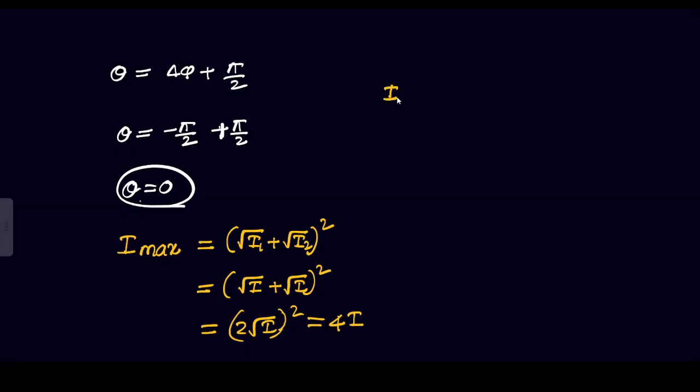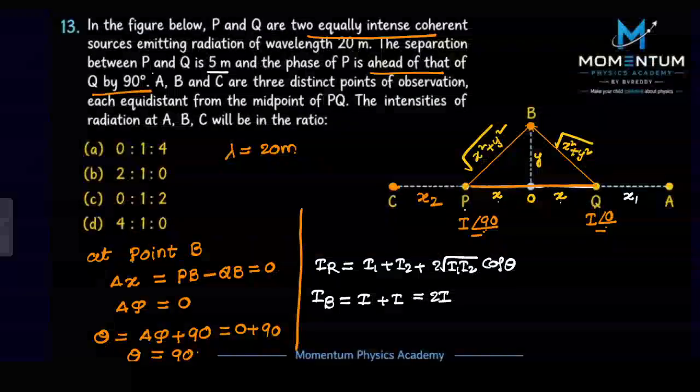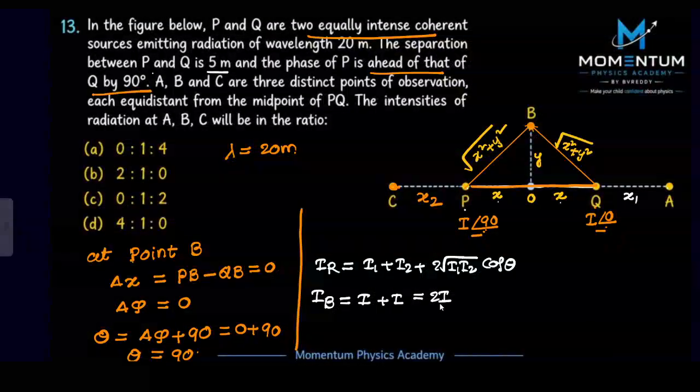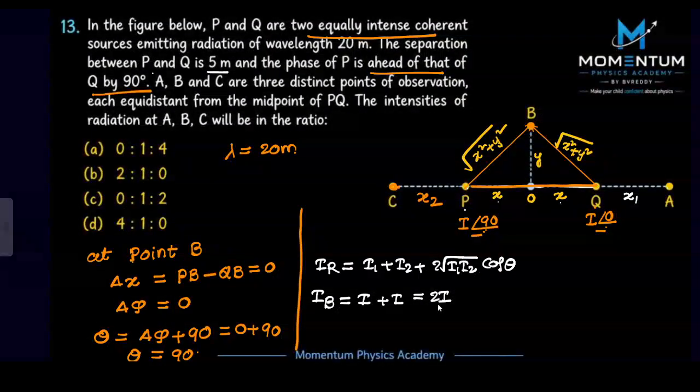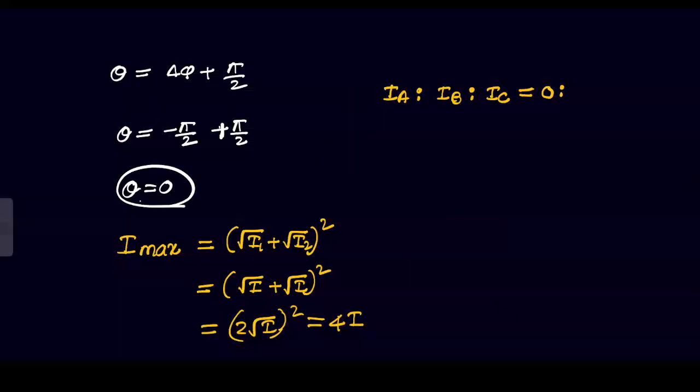Now they ask us to find the ratios here: IA to IB to IC. So at A the intensity is 0. At the point B we got 2I.